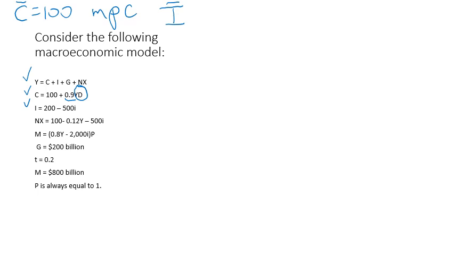Physical investments not linked, not based on, not dependent on the fluctuations of the business cycle or any other variable. All right. So I, total physical investments, is equal to 200, and again 200 is autonomous investments, plus the second term, which is negative 500i.